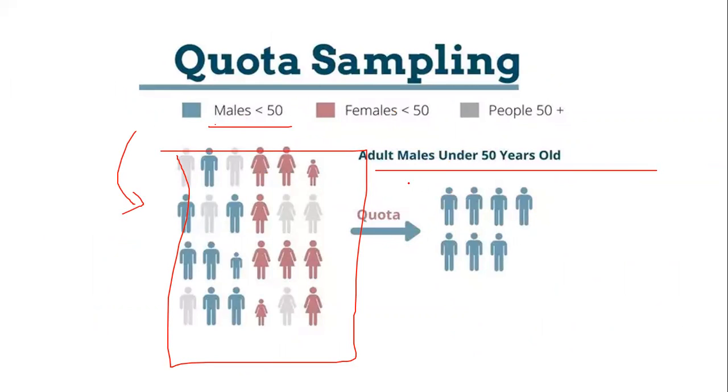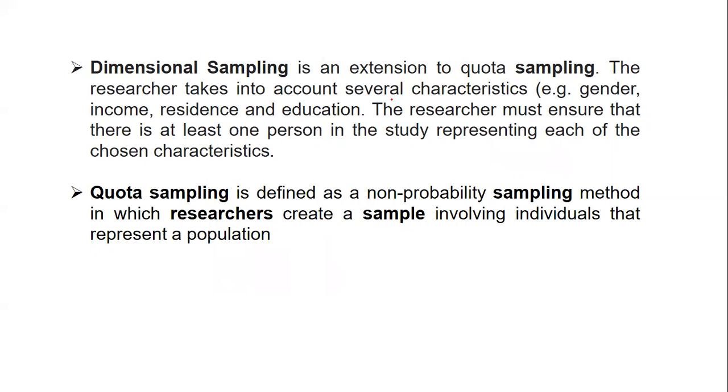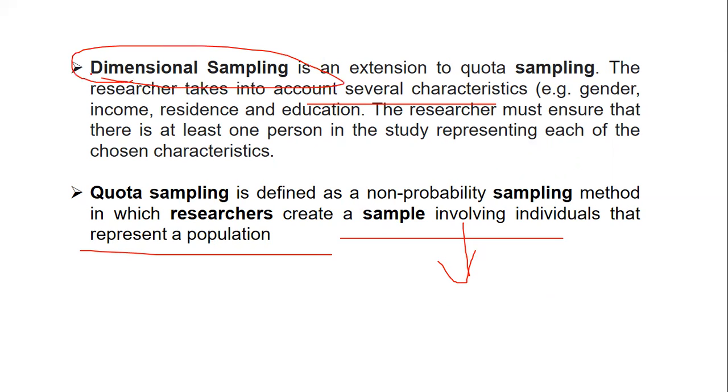And quota, if extended ahead, becomes dimensional sampling, wherein we take into account various characteristics depending upon the sample. So quota is a sample which involves individuals representing a population. But if these individuals have various dimensions or characteristics, it will be called dimensional sampling.